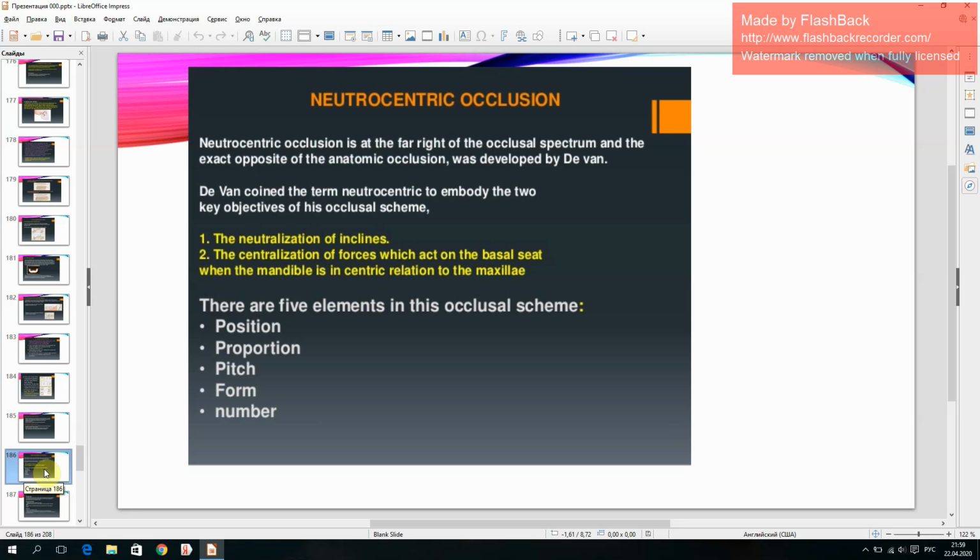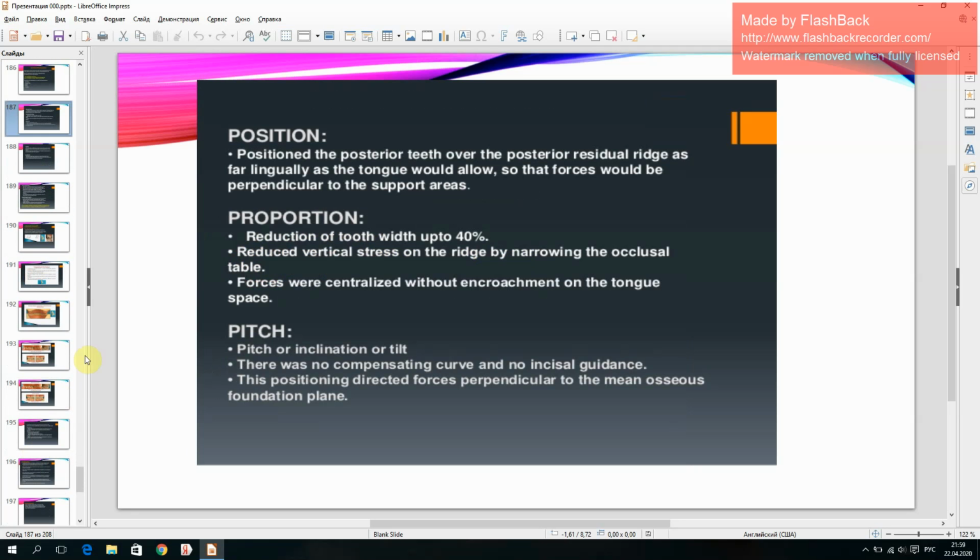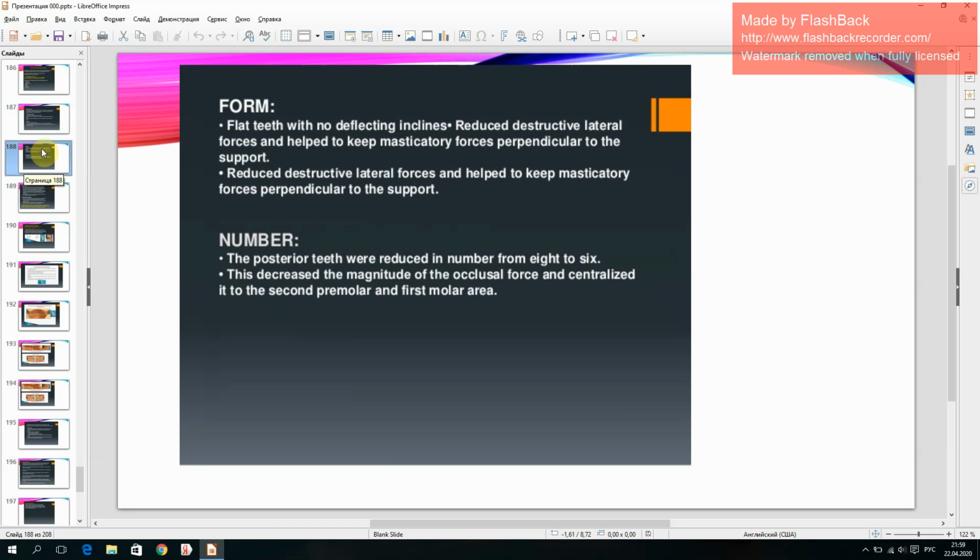There are five elements in this occlusal scheme: position, proportion, pitch, form, and number.